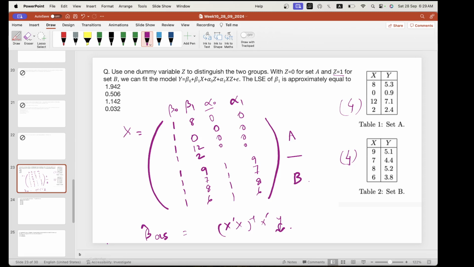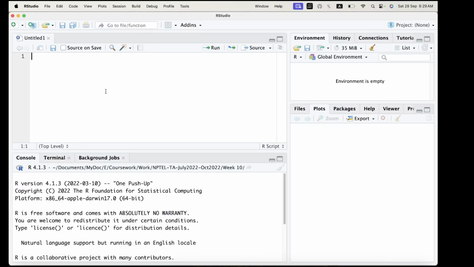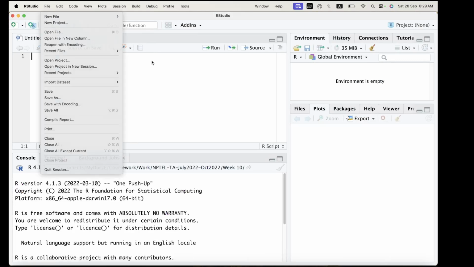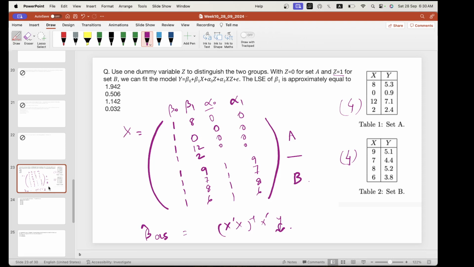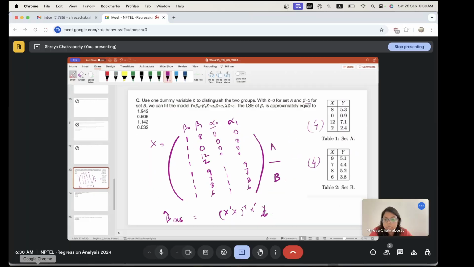So we'll see how to do this. To do that, I'm going to take help of software. I'm going to take help of R for the time being. Let me just enter this into R as a matrix.